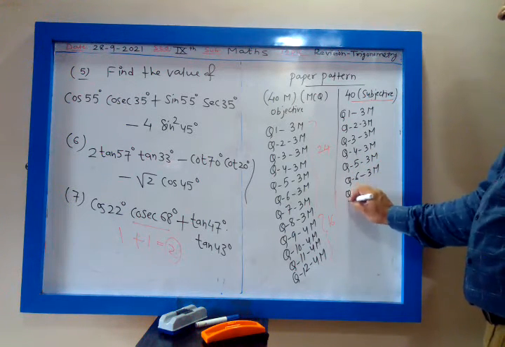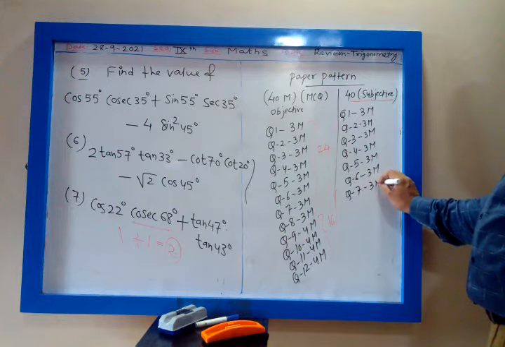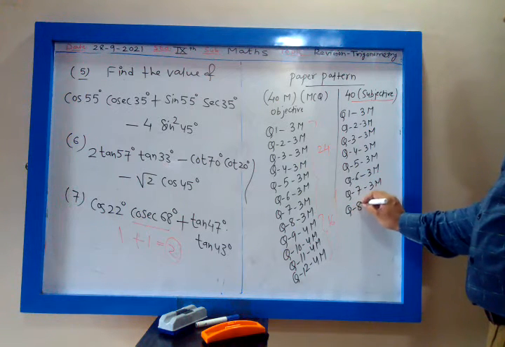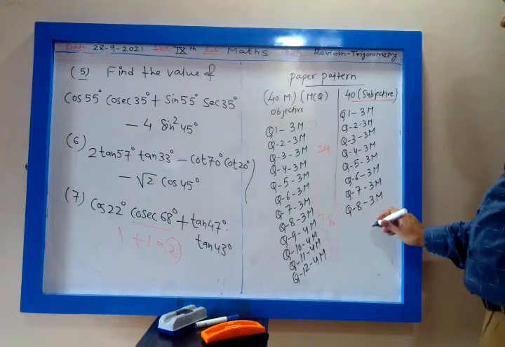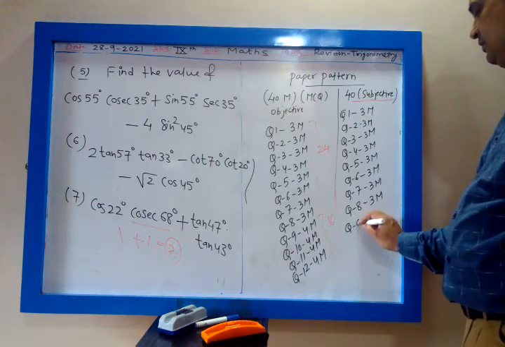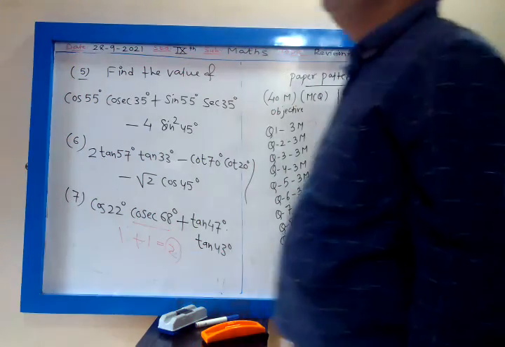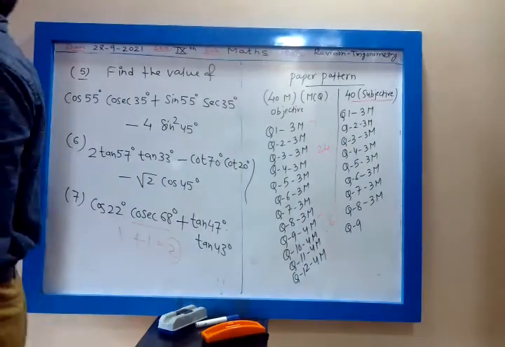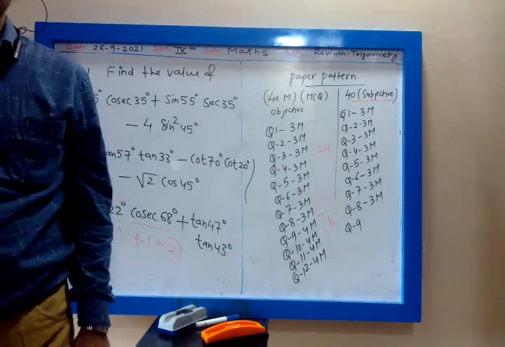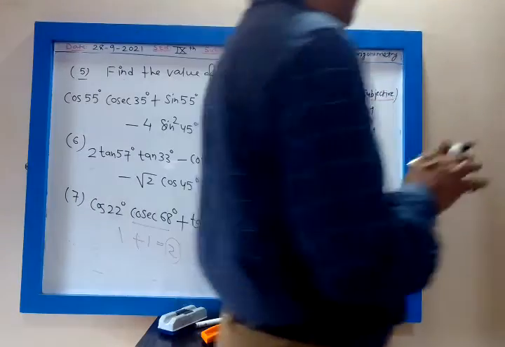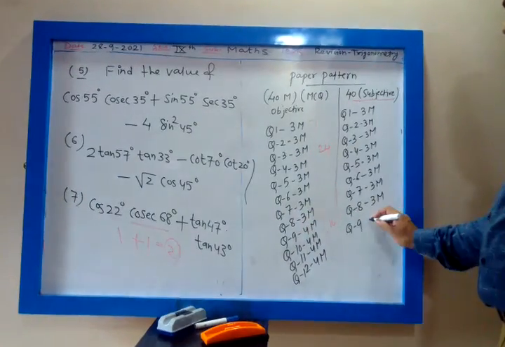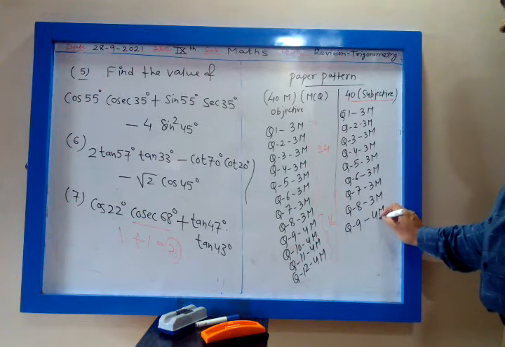Question 7, 3 marks. Question 8, 3 marks. No, graph will not come. Graph may come in subjective. Histogram of frequency. Graph will be there, my dear, whatever I taught. Question 9 will be 4 marks.